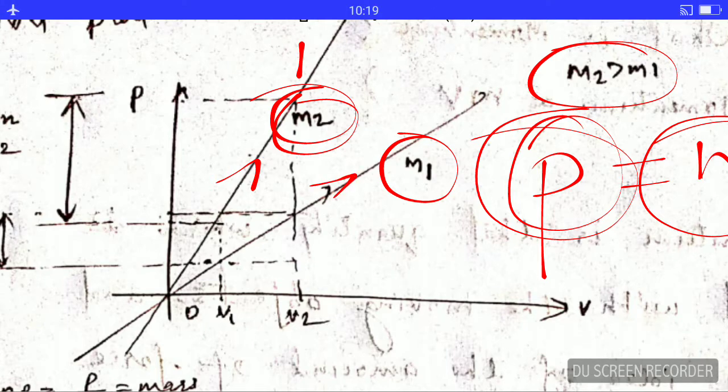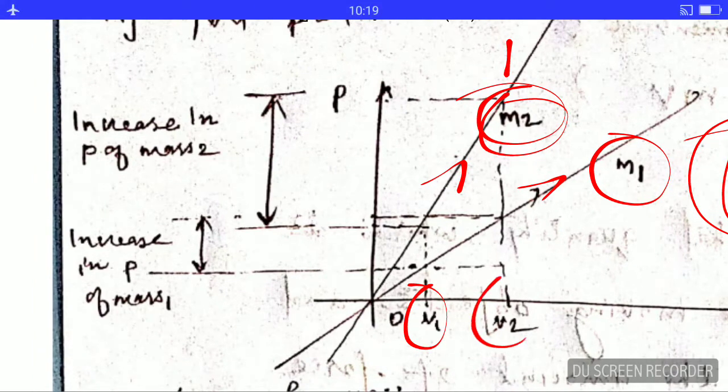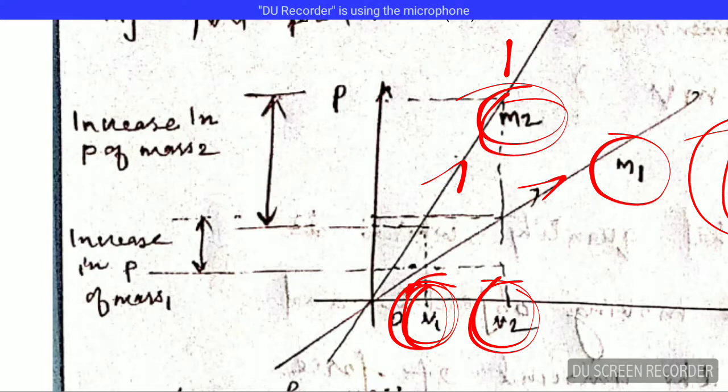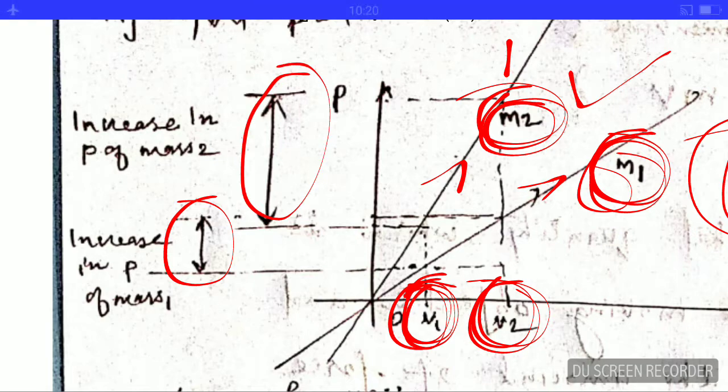It is very important to see that for the same change in velocity, for two objects, the increase in momentum of m1 is only this much, but for the same change in velocity, the increase in momentum of m2 is this much. So if the mass is more and we increase the velocity, the momentum of the more massive object increases more.